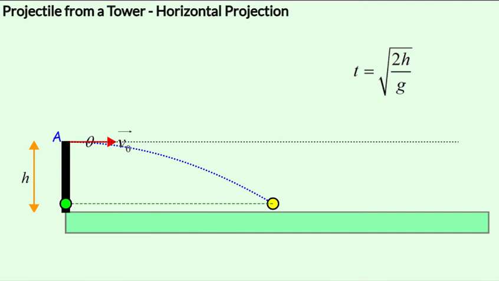And this happens because when we set up the second equation of motion along the y direction, the initial and final displacements in both cases are the same. Their initial velocities are the same, and g is also the same. So the time of flight also therefore happens to be the same.